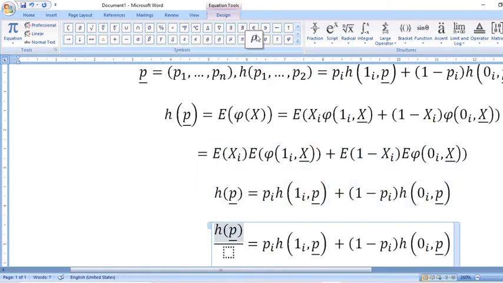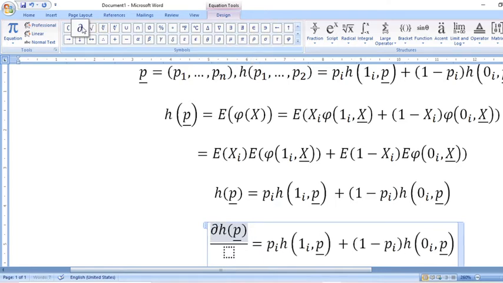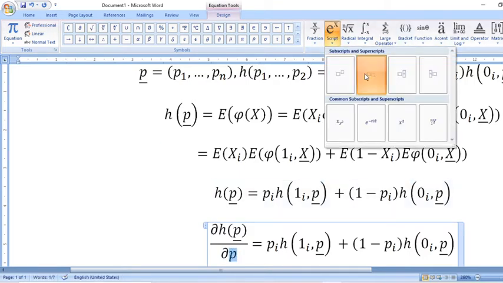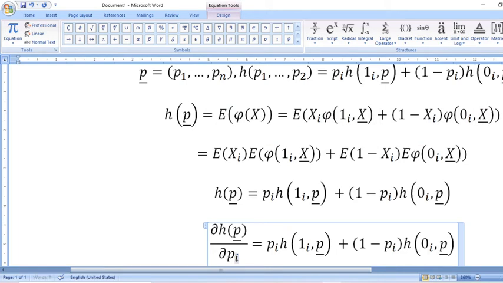It is dou by dou pi. We are differentiating the function with respect to pi to check whether h of p is increasing or decreasing.